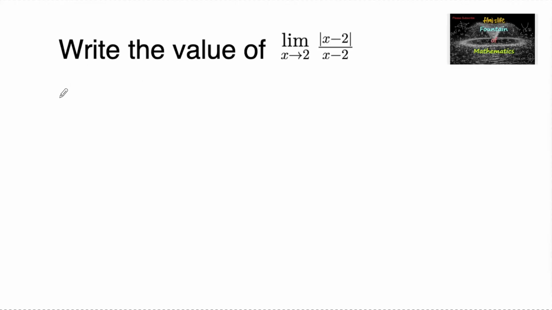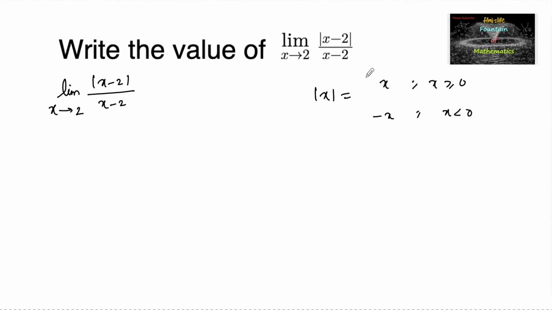Write the value of limit x tends to 2 mod of x minus 2 upon x minus 2. Since we know from the definition, mod x is equal to x when x is greater than or equals to 0 and minus x when x is less than 0.